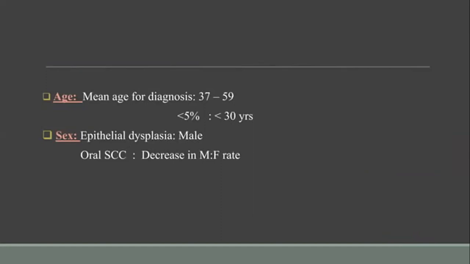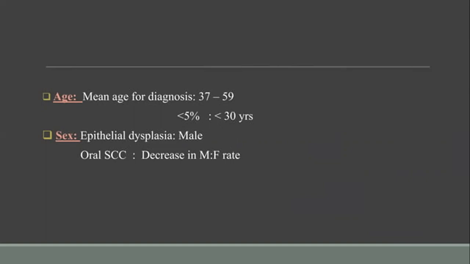Next, the mean age for diagnosis is from 37 to 59. In 5%, it could be met in people at the age of 30 or above.